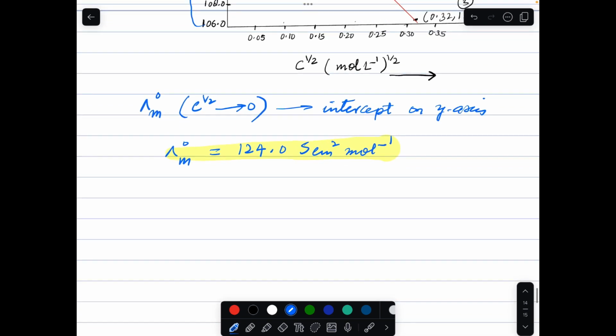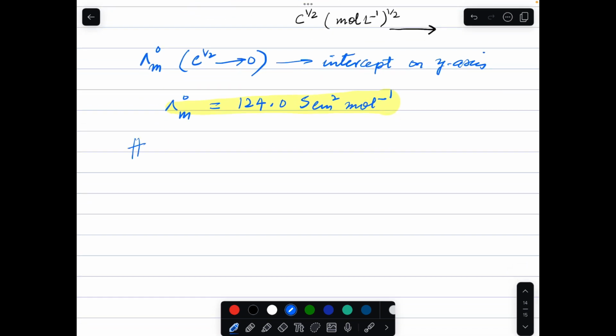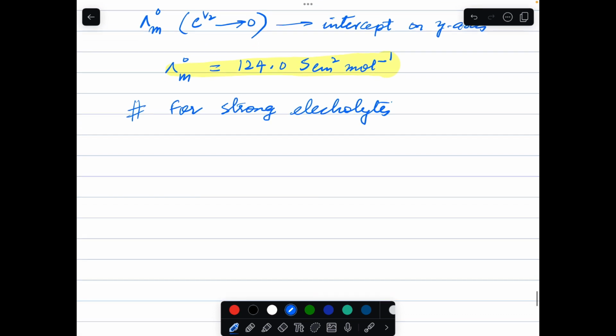Why? Because you have to remember that for a strong electrolyte, we will get a straight line, and the equation of the straight line that we get after plotting these two will be molar conductivity equals the limiting value minus A C raised to the power 1 by 2.